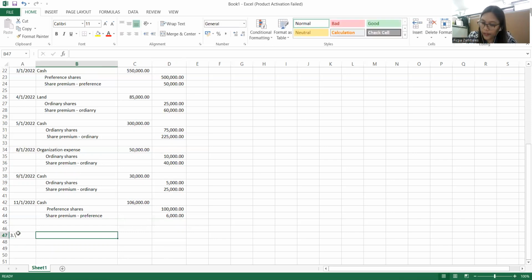Okay, so let's have 6% preference shares. 50 pesos ang kanyang par. 20,000 shares authorized.